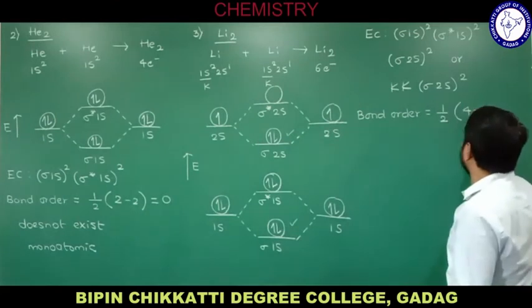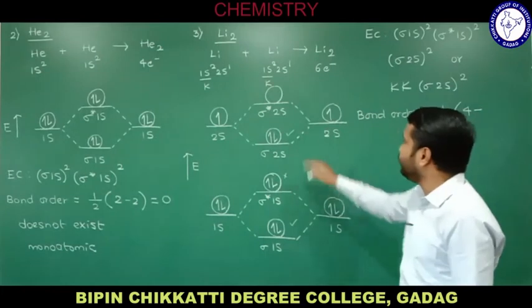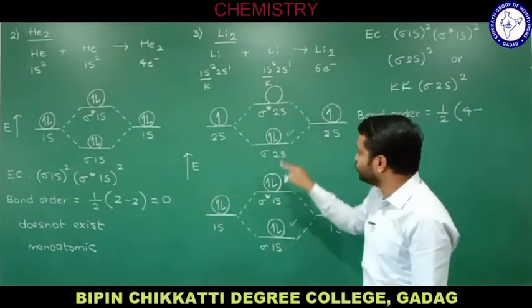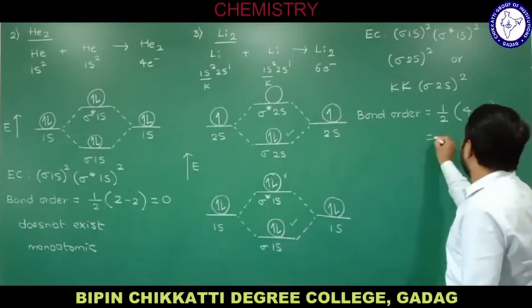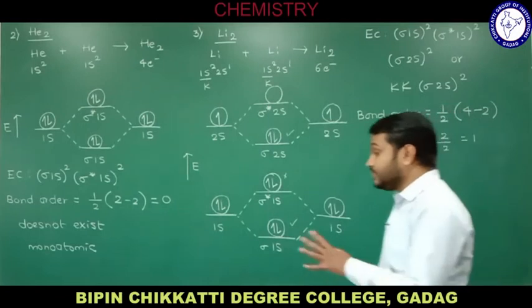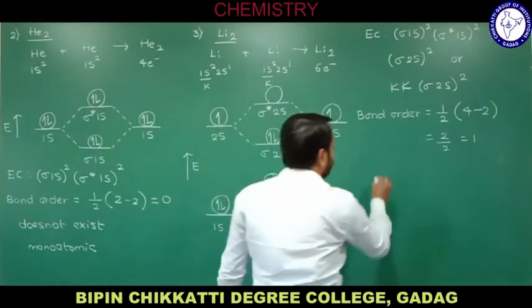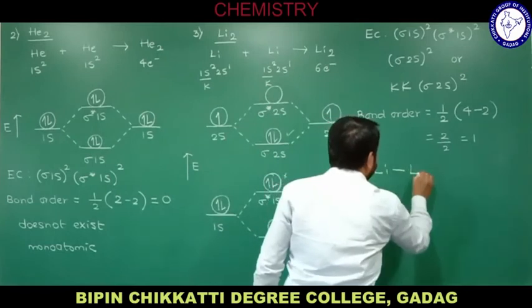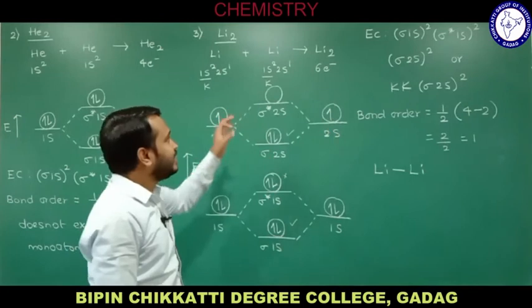The other two are ABMO, but we don't have electrons there, so the difference is 2 electrons, therefore I write 2 by 2, which equals 1. What is the significance? In between 2 lithium atoms we have 1 covalent bond, so we get Li single bond Li. So the bond order is 1 in the case of Li2.